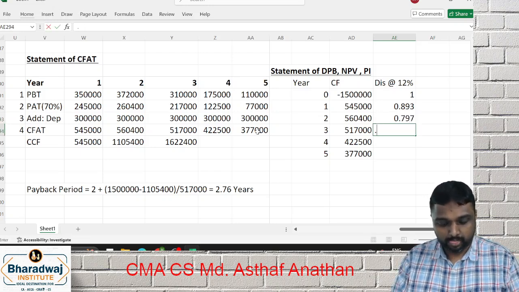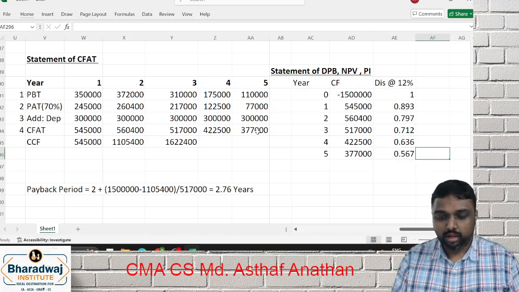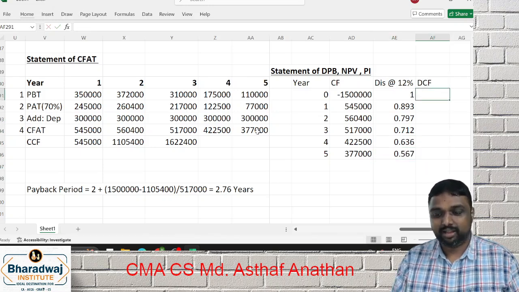0.797. You can go for discounted cash flow.